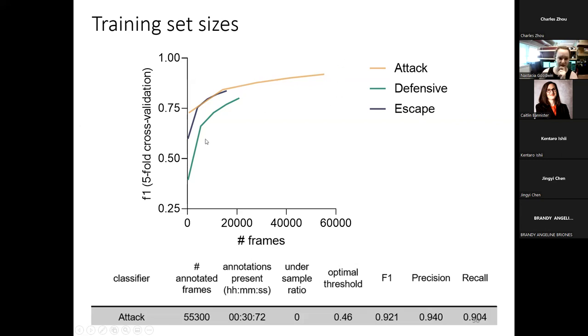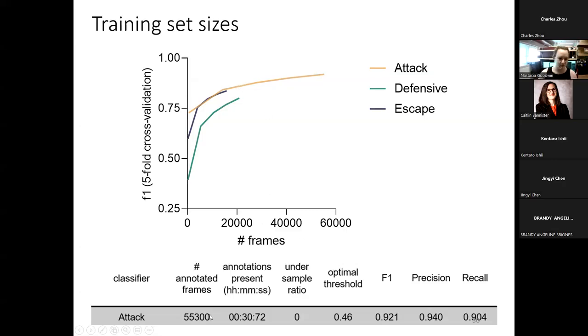Defensive and escape are much less distinct behaviors than attack. So you can see that even with the same 20,000 total frames annotated, I have big differences in performance here. The more subtle the behavior, the more you have to annotate.